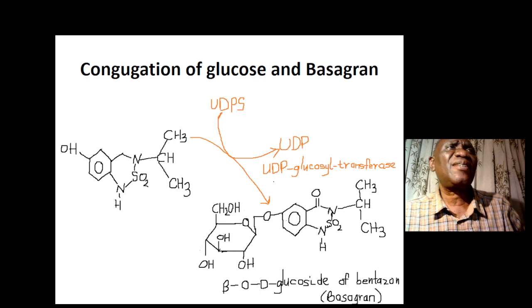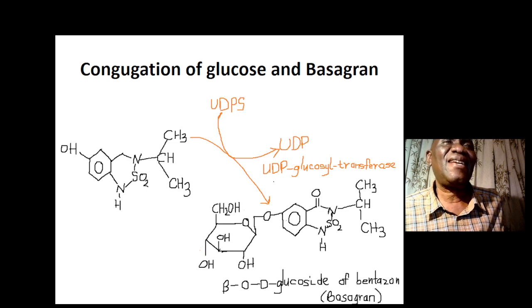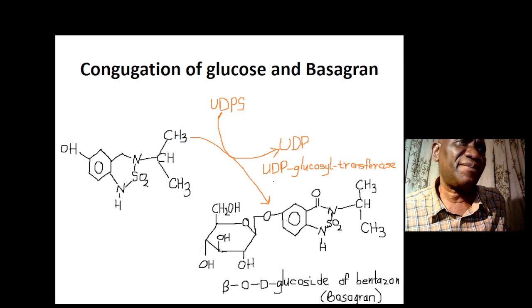Here is a real example of sugar donated to Basagran, the herbicide which you know, and it forms Basagran joined to glucose, and Basagran becomes detoxified.